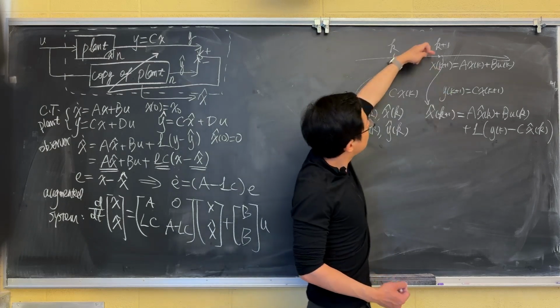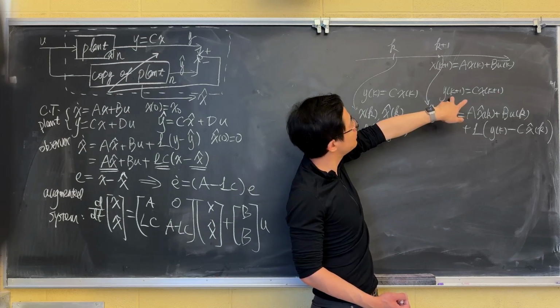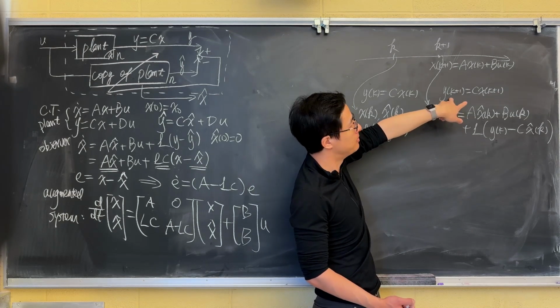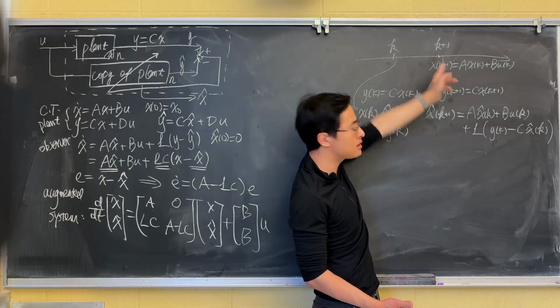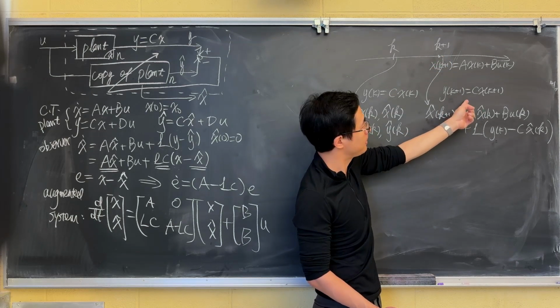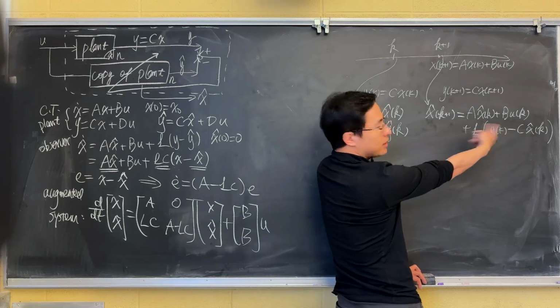However, at this time, we already have gone through, we can already measure the output y at k plus 1, right? The time has passed. I already collected the new measurement yk plus 1. That is not used anywhere in the observer.